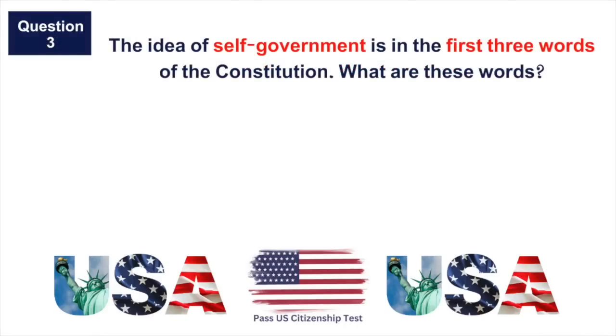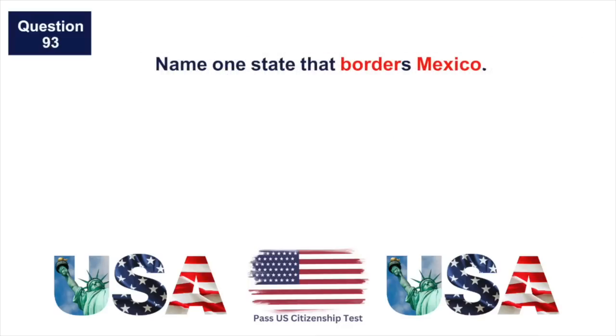The idea of self-government is in the first 3 words of the Constitution. What are these words? We the people. Name one state that borders Mexico.